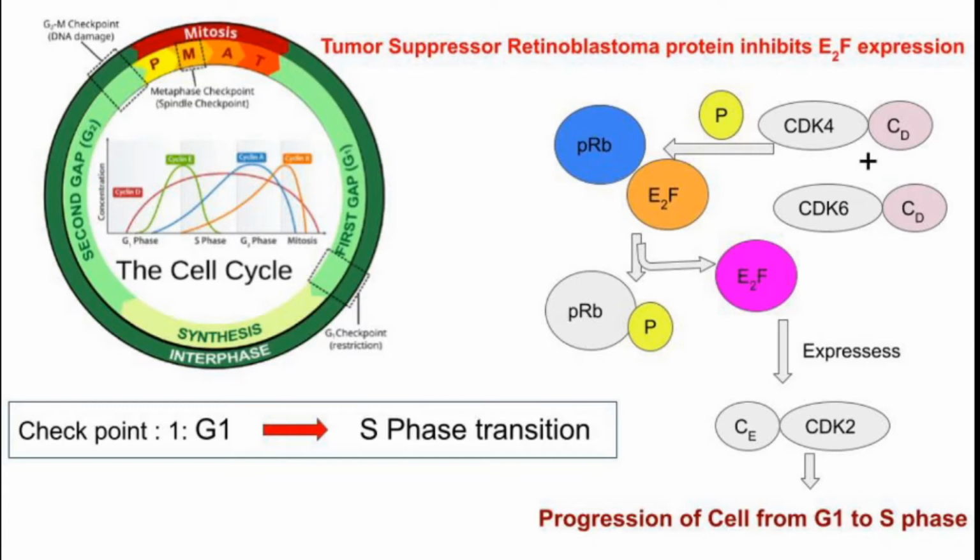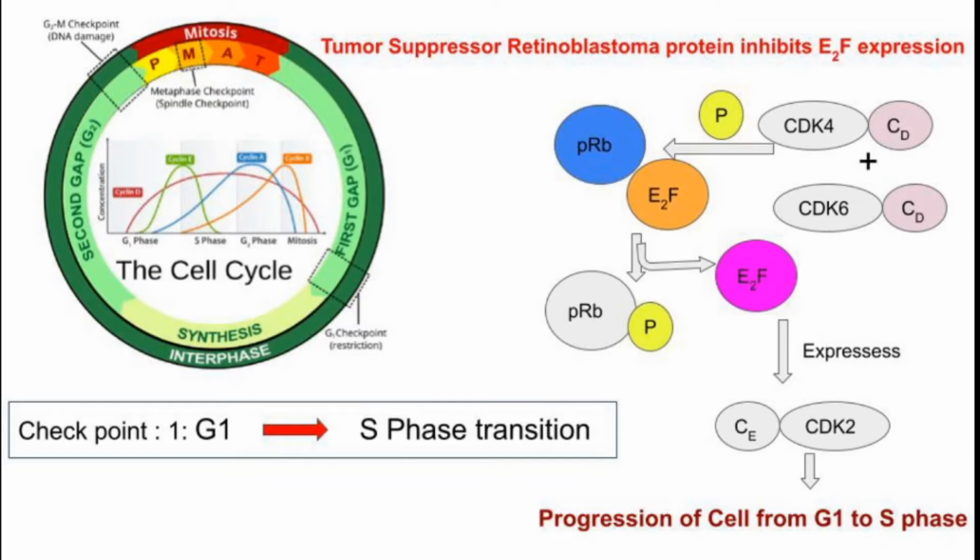Initially, the tumor suppressor retinoblastoma protein inhibits the E2F protein expression until the conditions are fulfilled by the cells in G1 phase for its progression into the S phase.